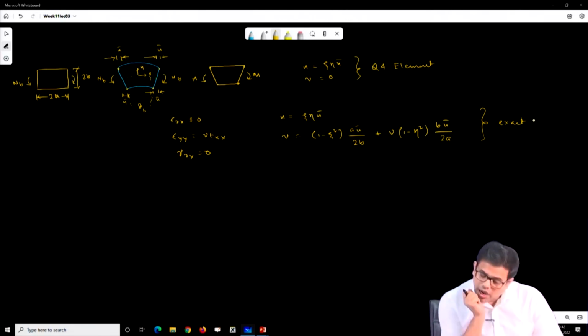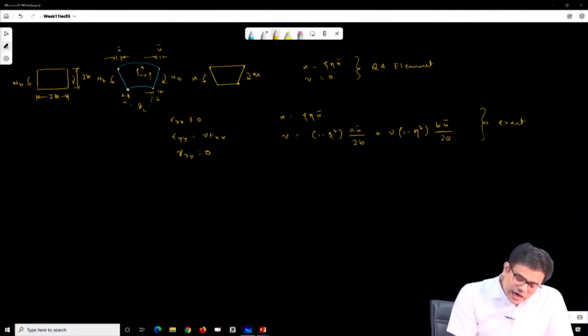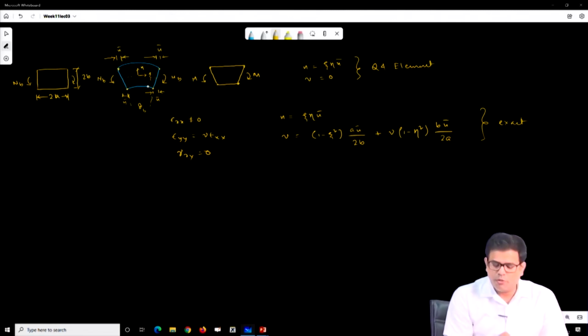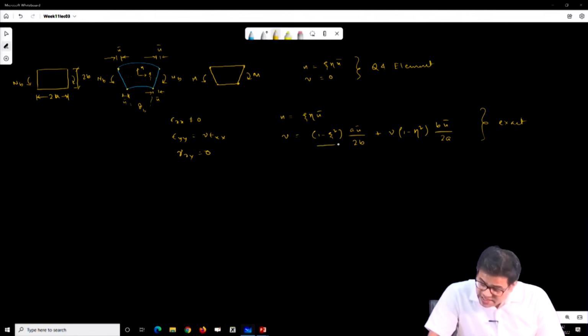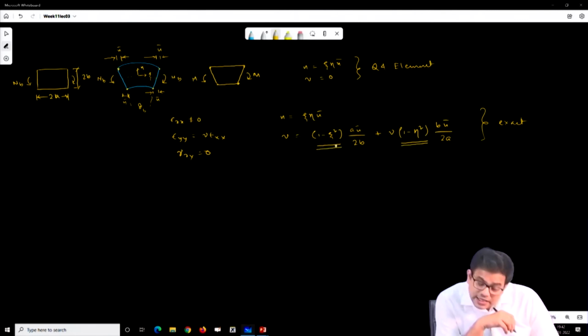Now if you look carefully, this curvy nature of pure bending is basically due to the functions 1 minus xi square and 1 minus eta square.